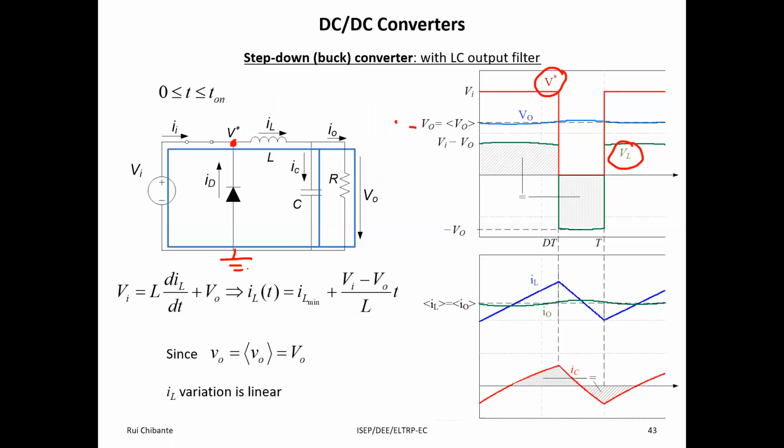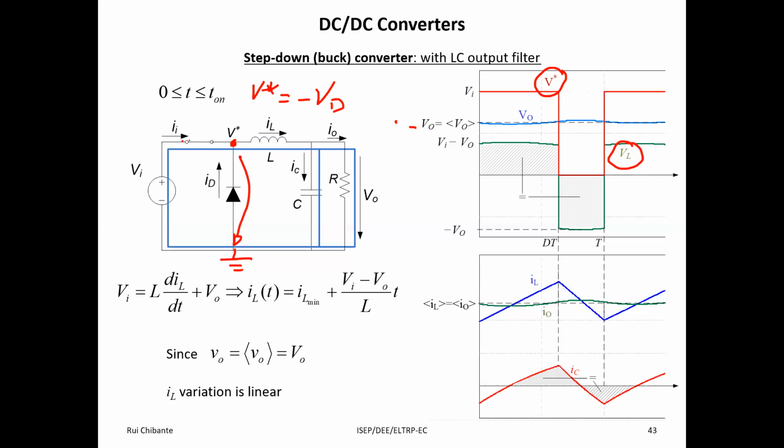So basically V asterisk is this voltage, so it is the symmetrical of the diode voltage.